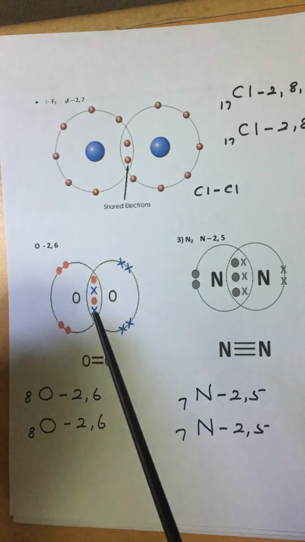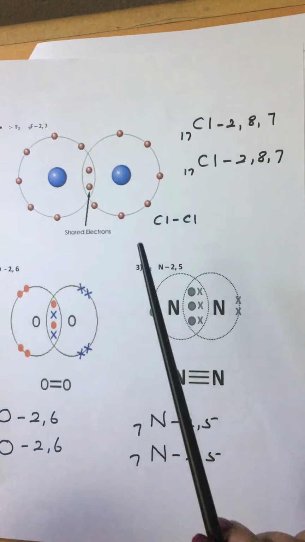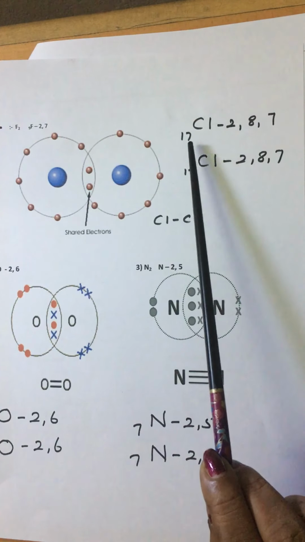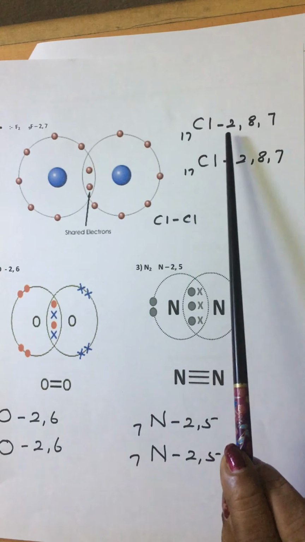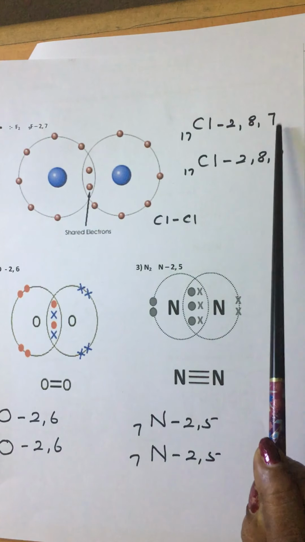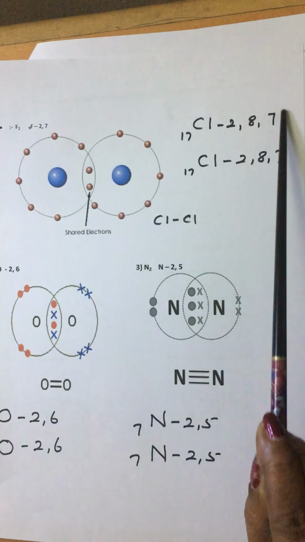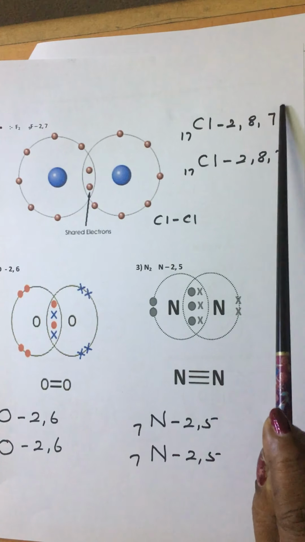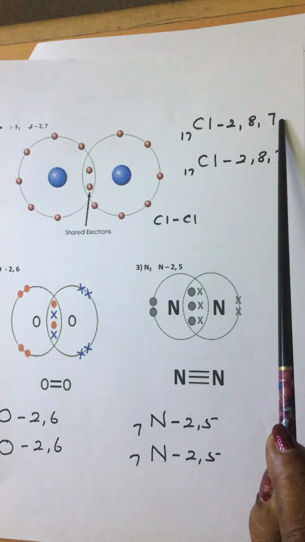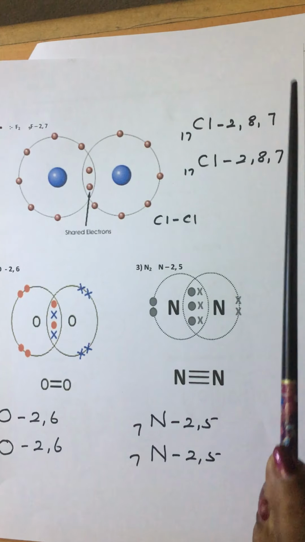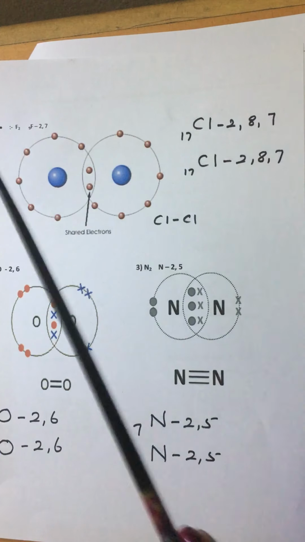Same way when you take chlorine, Cl2. You know chlorine's atomic number is 17, 2, 8, 7. So what happened? 1 more electron is needed, 1 more electron to become 8. So out of 7, 1 electron is going to share. The other 6 outside.